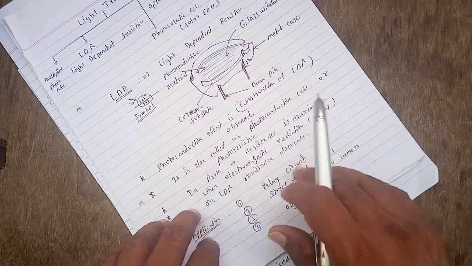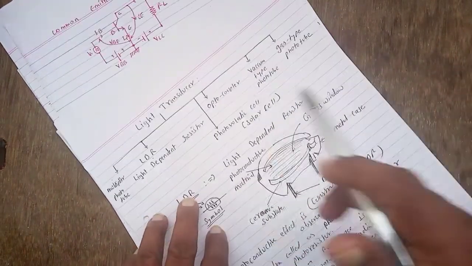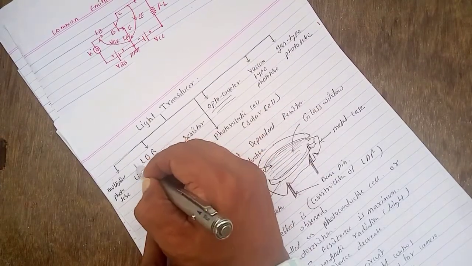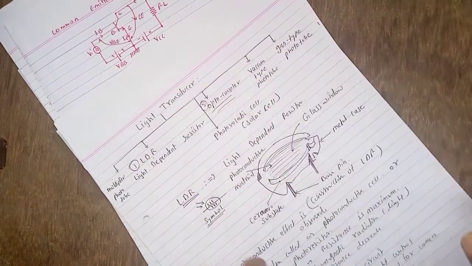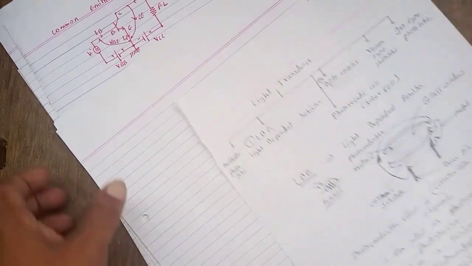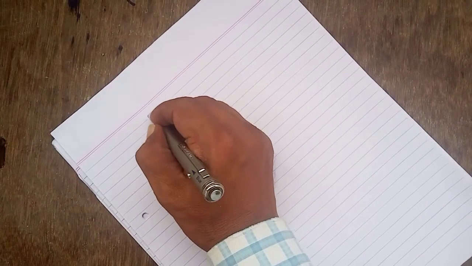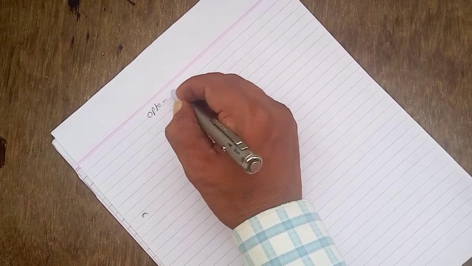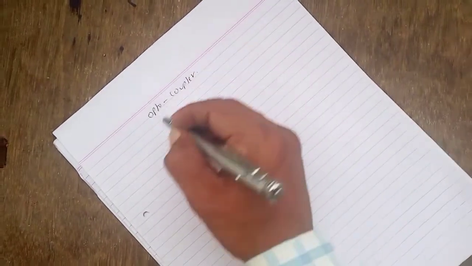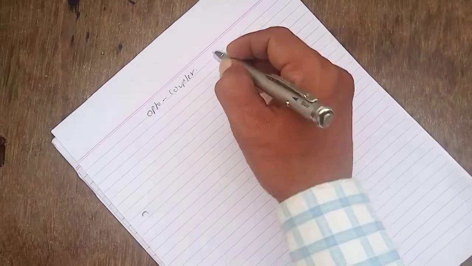Now the next part is the optocoupler. This optocoupler is a light transducer.